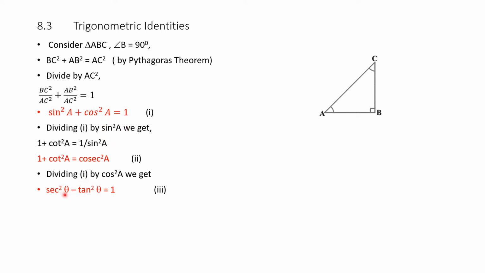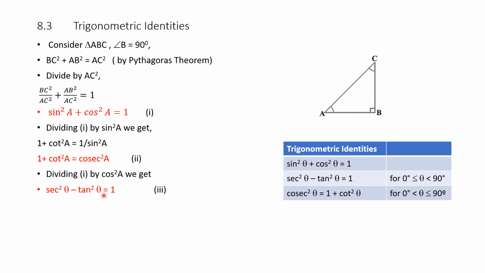Therefore, we get the relationship secant squared theta minus tan squared theta is equal to 1. This is the third trigonometric identity.